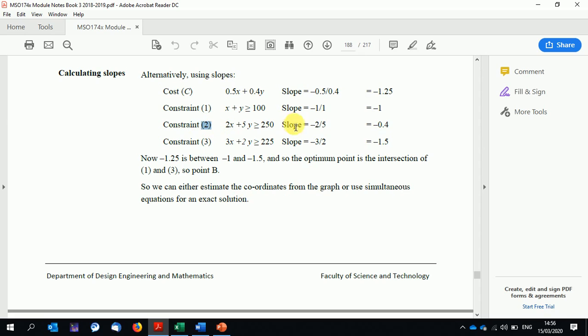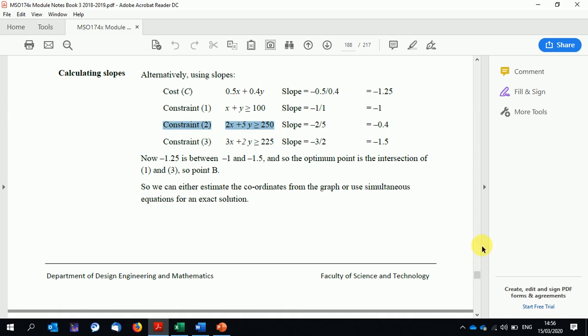Which means I will use all the resources in constraint 1. I will use all the 100 here in constraint 1. I will use all the 225 in constraint 3. I want you to try and understand what will happen for the non-binding constraint, what happens to the 250.